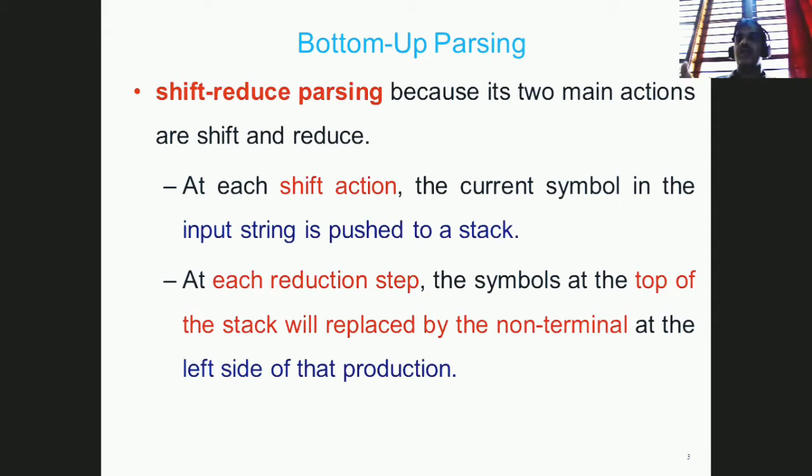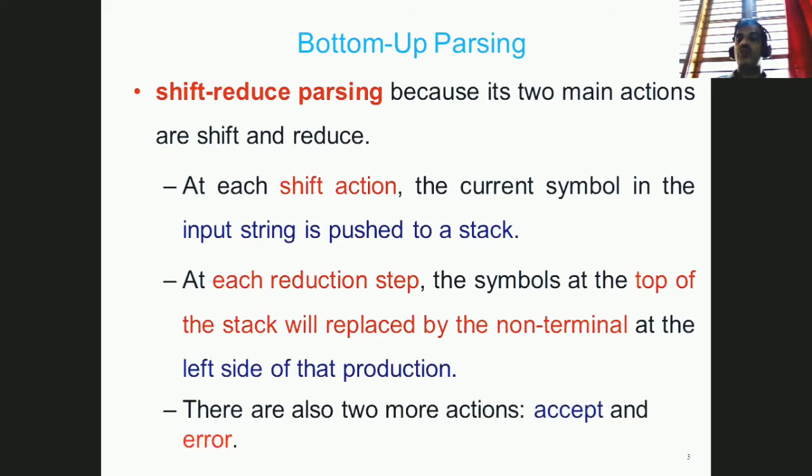In reduce, I try to match the right side of the production, and if it matches, it will be replaced by the left-hand side non-terminal symbol. That's why it is called shift-reduce parsing.